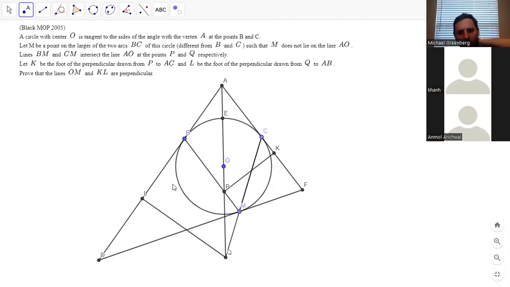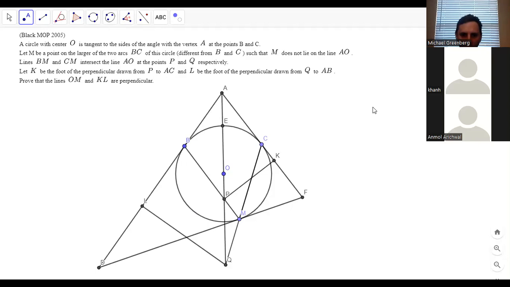You remember, it has a similar statement where AO meets MB and MC. So in the previous one, we drew the tangent at M. Oh yeah, you already did, right? Yeah, so I drew that tangent. Oh, it's all right. Yeah, so prove that KL and DF are parallel, right? Yeah, we want to show KL and DF are parallel. PQ and DF, so I'm going to do it.